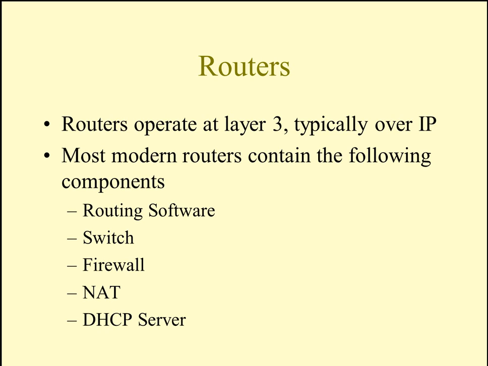NAT is an acronym for Network Address Translation. This is how we can have local IP addresses or private IP addresses within a network, even though we're going to have the ability to be accessed from outside of the network using a public IP address. The router would typically contain the public IP address, and then the computers that are inside of the network would be NATed, Network Address Translation, so that they would have private IP addresses.